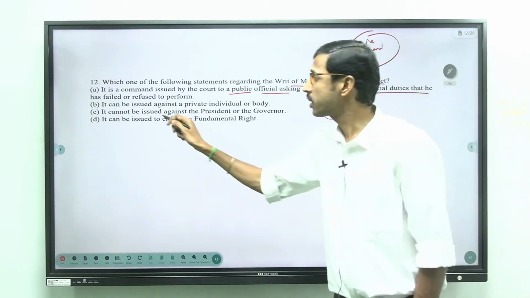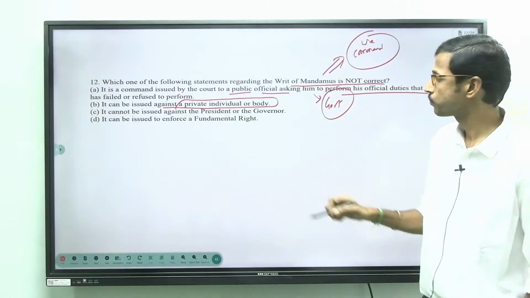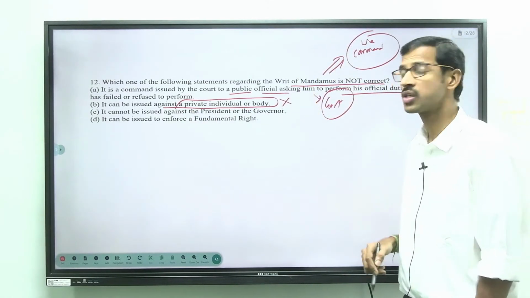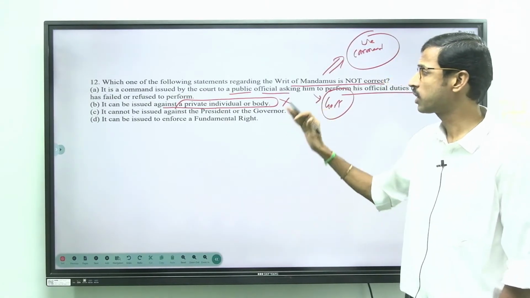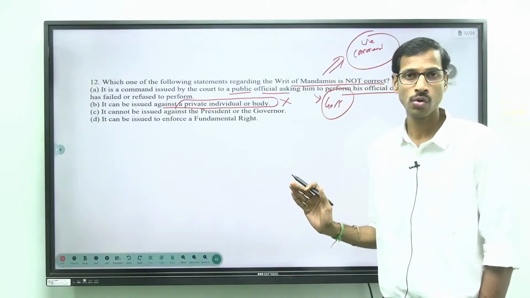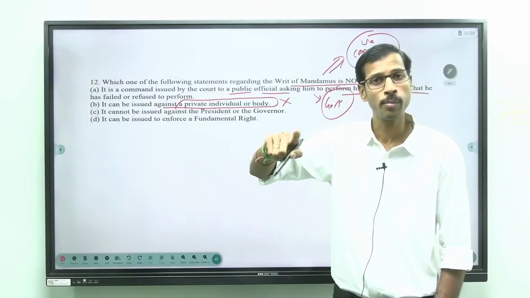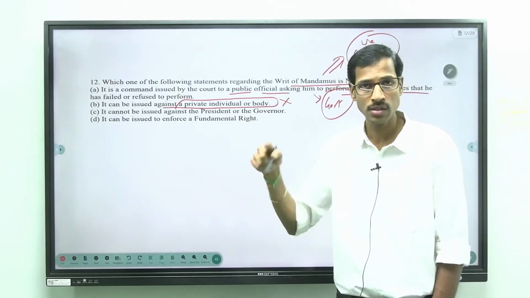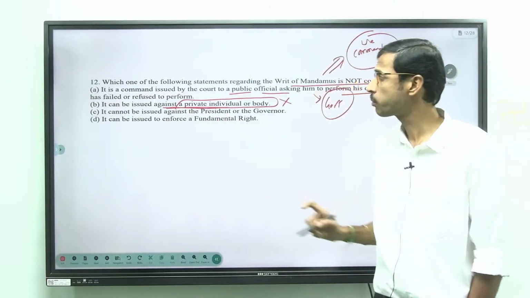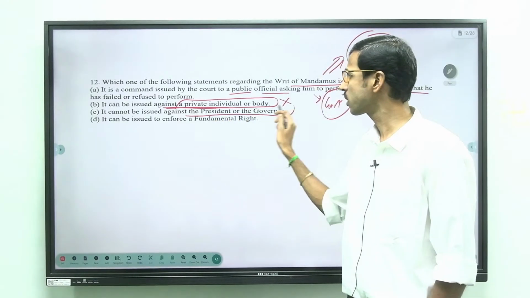Other than that, can it be issued against a private individual or body? No, only for public officials or corporations or the government especially, right? So it is completely related to public officials only. If any private individual does public work, if it is applicable, it can be issued, right? That is the difference. It cannot be issued against a private individual or body, right? So it cannot be issued against the president or the governor, right?